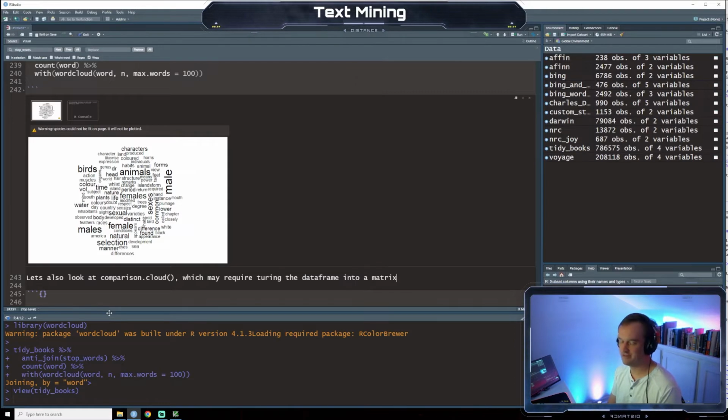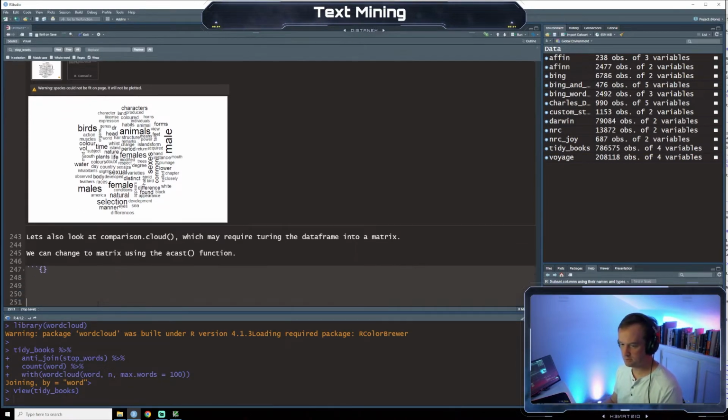So this all depends on the function, right? Some functions want you to use a data frame, some want you to use a matrix, but we can change to a matrix using the acast function. So let's try it with that.